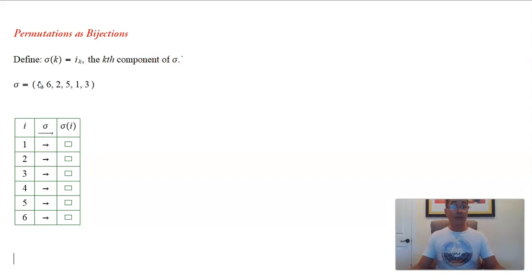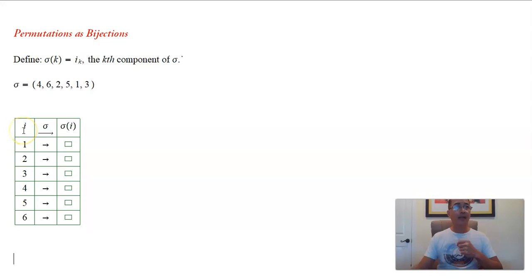Now, we can think of a permutation as a function whose domain is 1 through n, and whose codomain is also 1 to n. So how will we think of the value of the permutation at an input number? Well, we can define sigma of k to be i sub k, in other words, the kth component of sigma. Let's make this table over here.